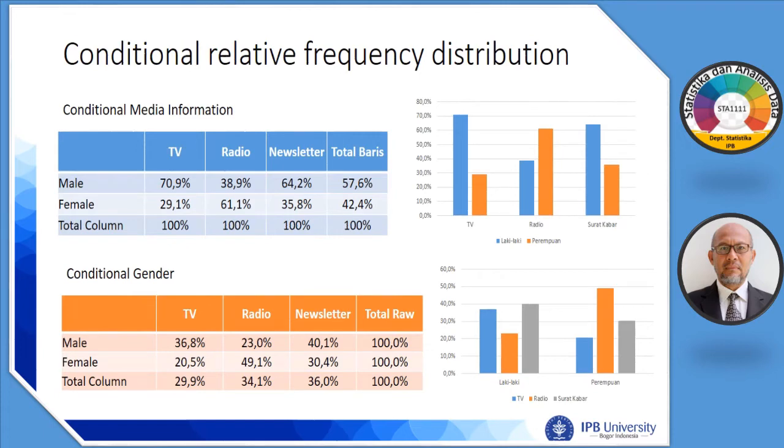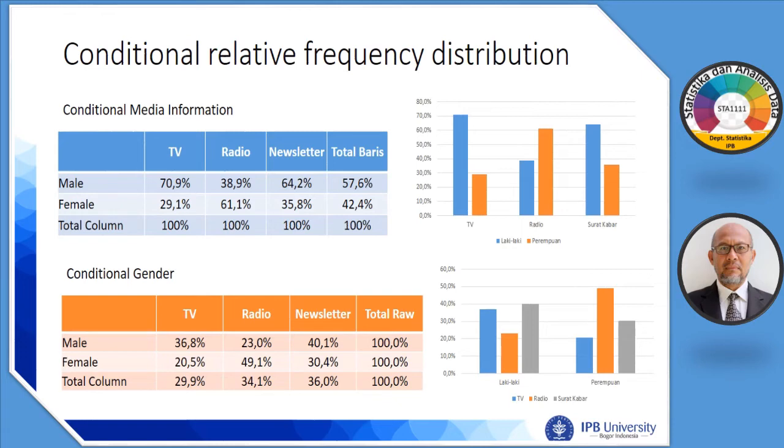Okay, so look at this table. You have two tables. There are two conditional relative frequency distributions. The first one is about conditional media information. The second table is about conditional gender. So look by column first, because this is conditional media information. By television, the total is 100%. Radio, 100%. Newspaper is 100%. How do you interpret this?